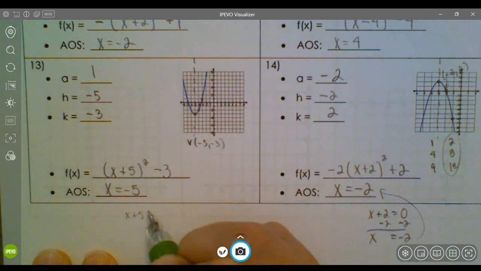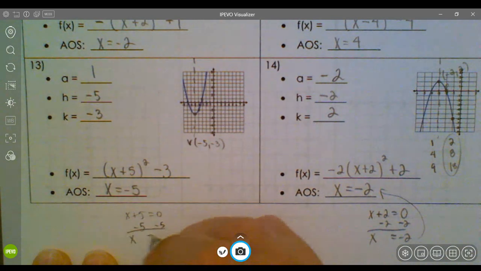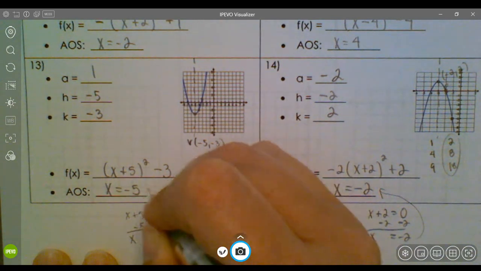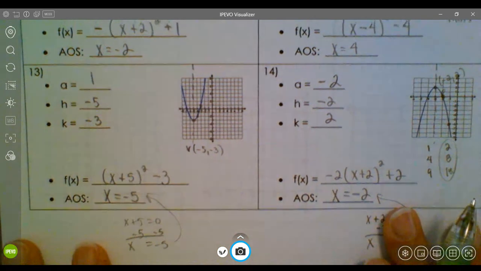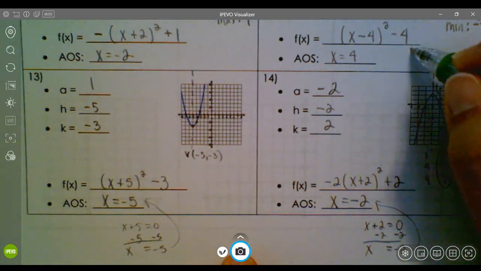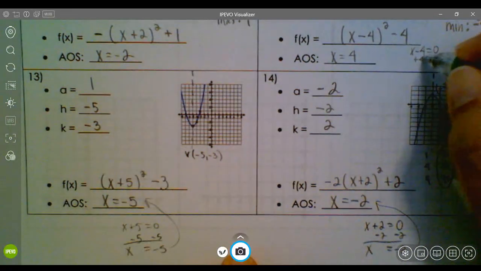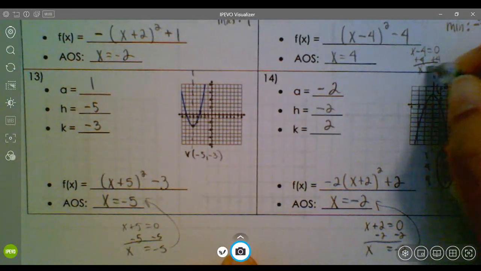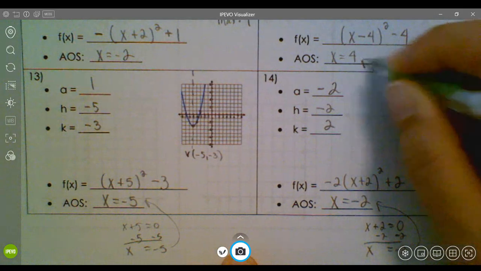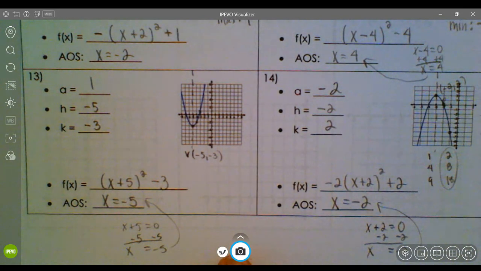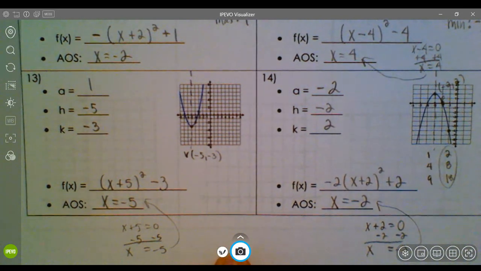If x plus 5 equals 0, we're going to subtract the 5. X equals -5. There it is. Okay, look at this one. If we have the equation x minus 4 equals 0, adding 4 to both sides tells us that x equals 4. I see a whole bunch of stuff happening here.